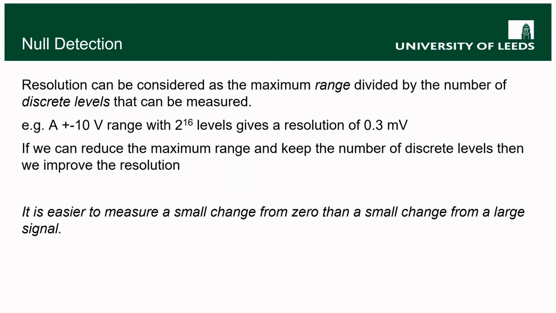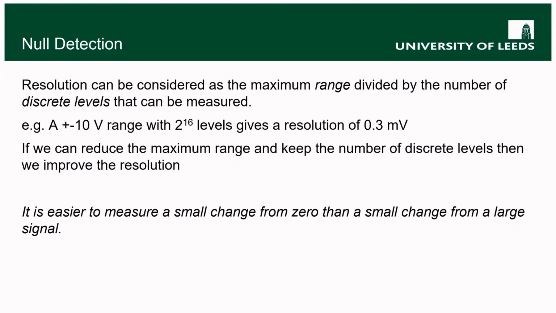If you want to improve that, to measure a smaller change in voltage, and you don't want to increase the absolute number of digitization levels, in other words, not have a more expensive digitization process, then you have to find a way of reducing the maximum range of the signal. Then you can keep the same number of discrete levels, but get an improved resolution.